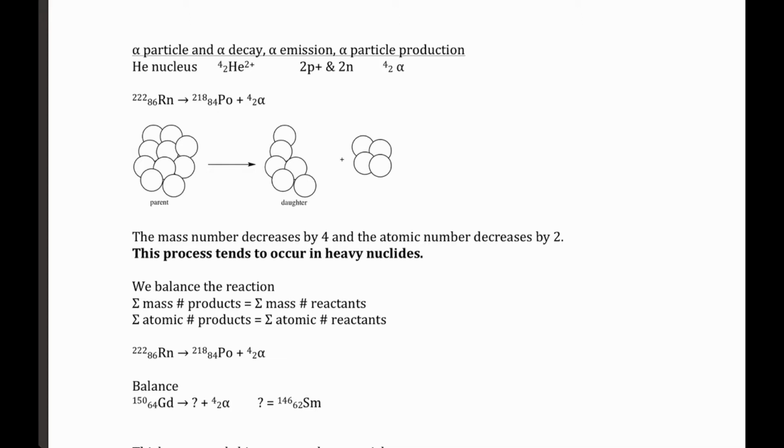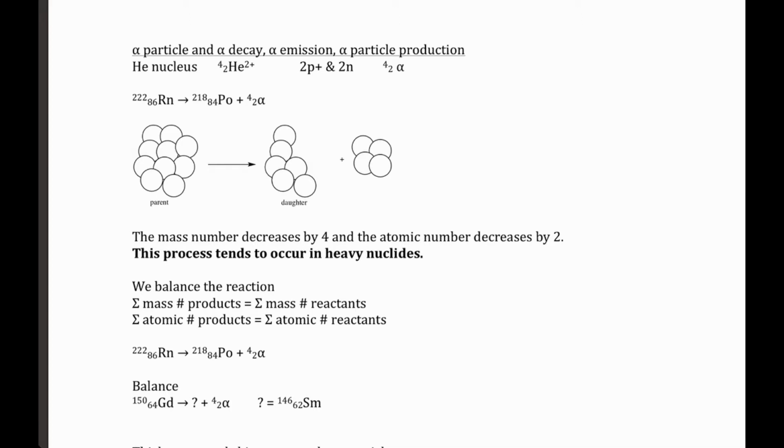It can be symbolized with the notation alpha, with the 2, with the 4. We can also just symbolize it alpha. Radon-222 undergoes this alpha decay, and you see the reaction shown there.